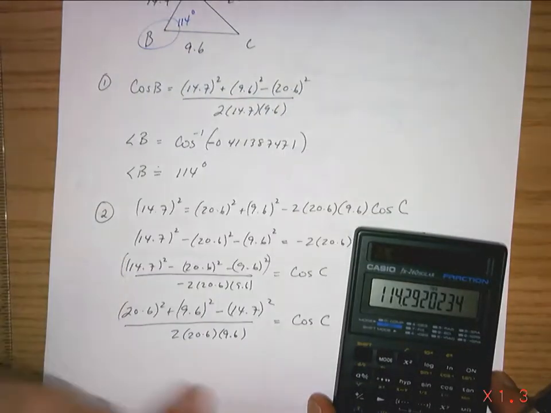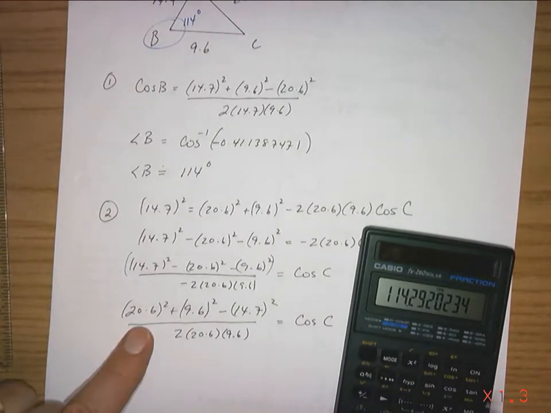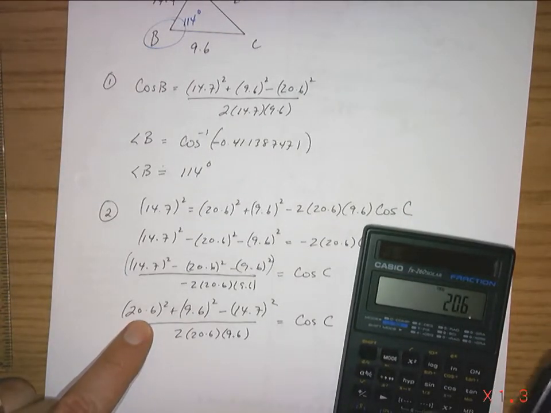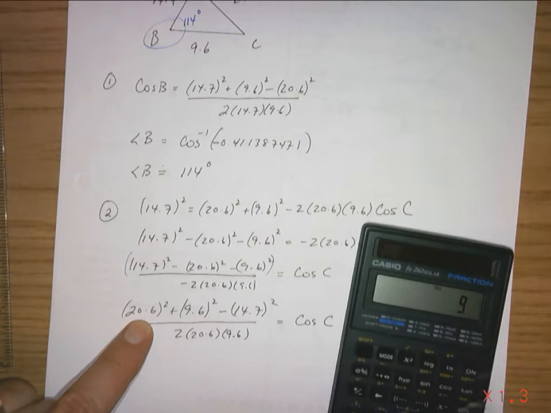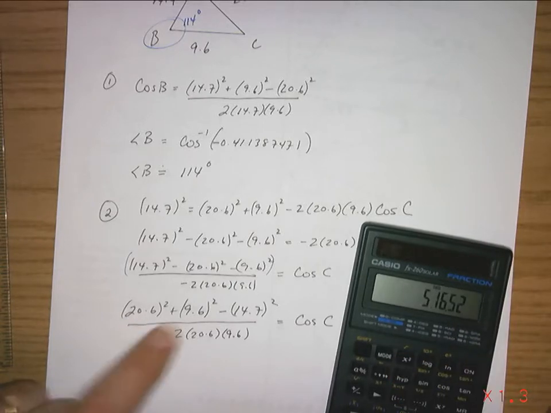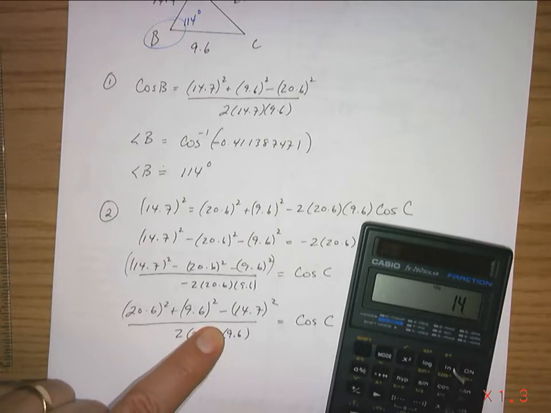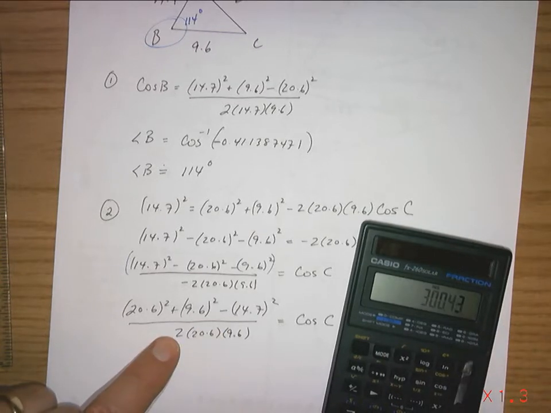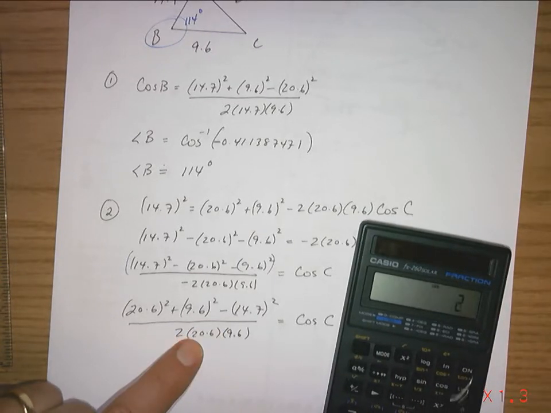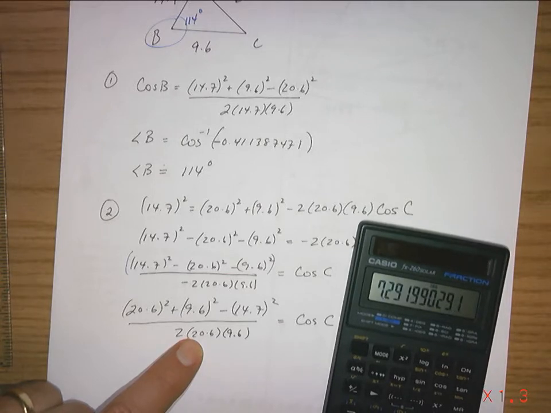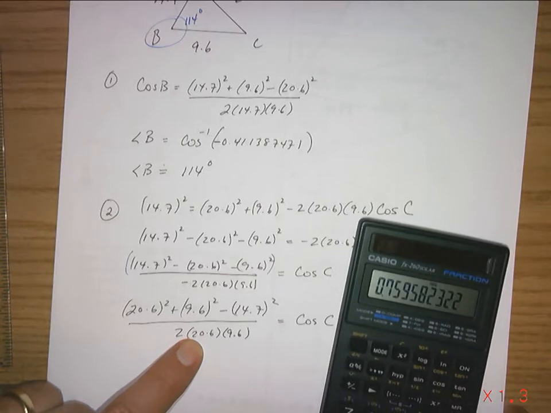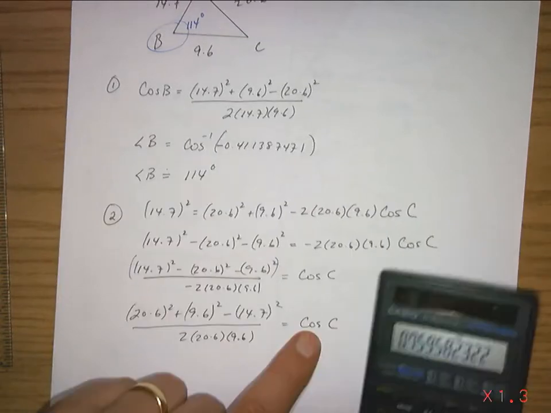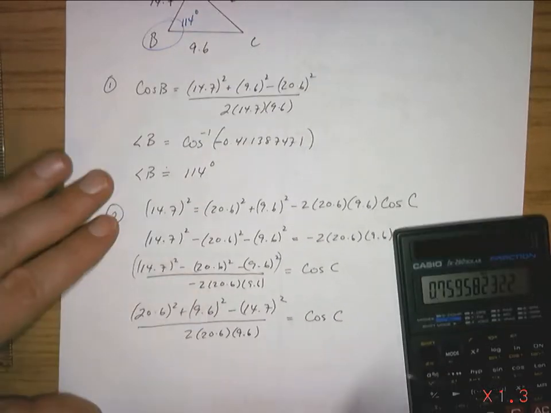So finishing this off, again, I'm going to show you how I use my calculator. 20.6 squared plus 9.6 squared equals, subtract 14.7 squared equals, divided by 2 equals, divided by 20.6 equals, divided by 9.6 equals. That's the decimal, so I have to do the inverse.